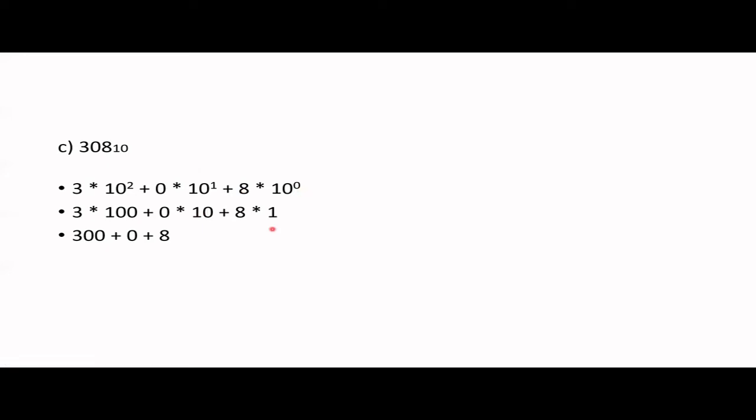Hope you know that any number to the power 0, like 2 to the power 0, 5 to the power 0, 10 to the power 0, its answer is 1. So here 8 into 1 is 8. So 300 plus 8 is 308. That's how these answers are obtained.